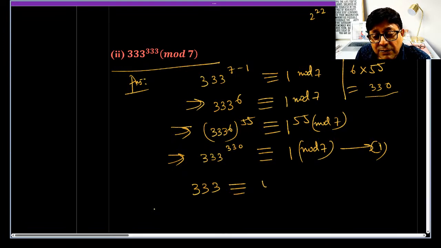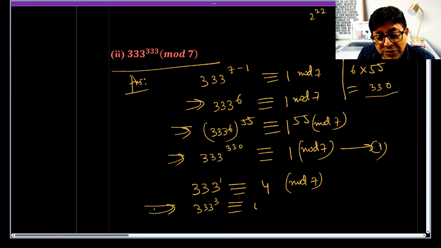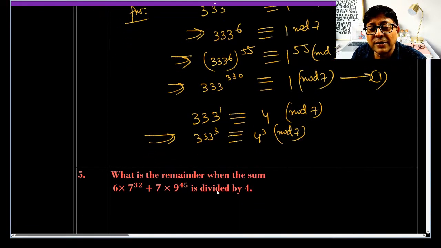Yeah, it's coming 4 mod 7. So I need 333 to the power 3. I have 333 to the power 1, so raise the power to 3 on both sides. This will be congruent with 4 cubed mod 7. Clear? 4 cubed mod 7.